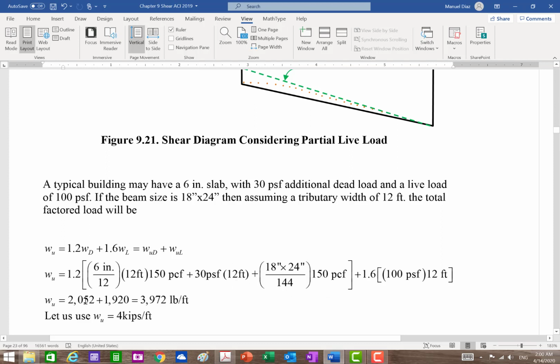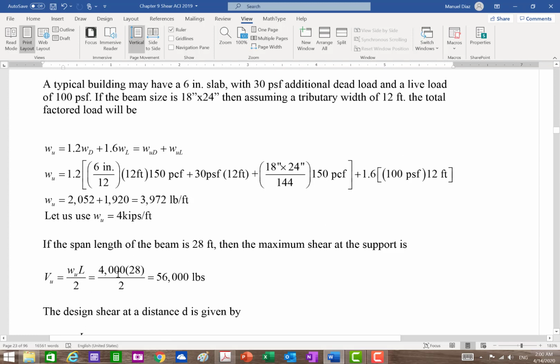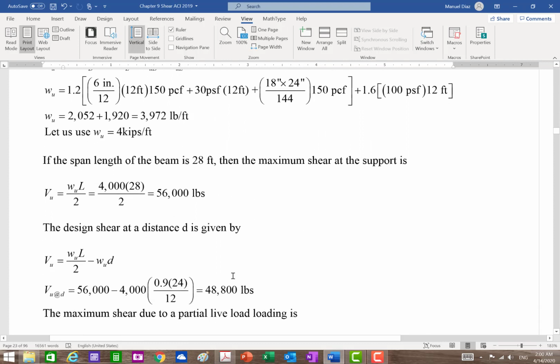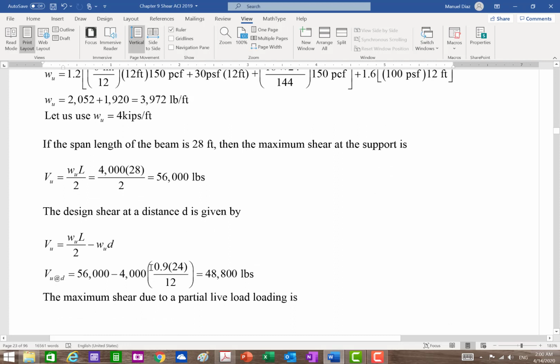This is the factored dead load, this is the factored live load. So approximately 4. So our value is 56,000. And at the distance d, my value is 48,800. So that's my shear that I'm going to design for in general.